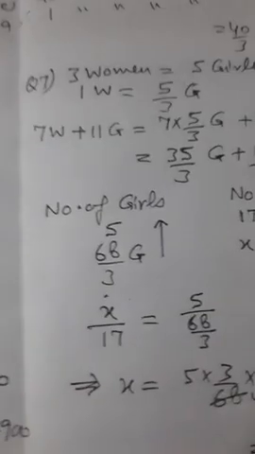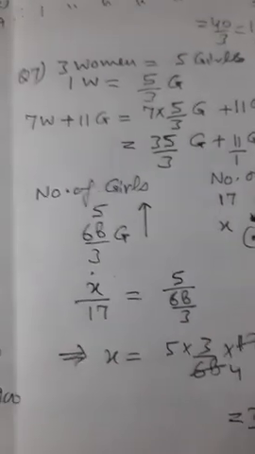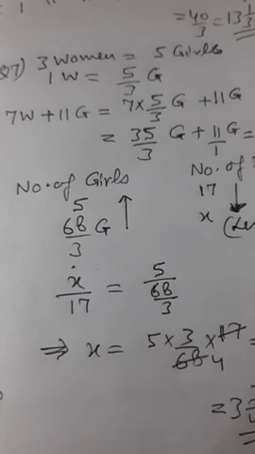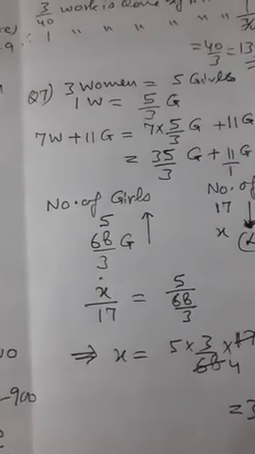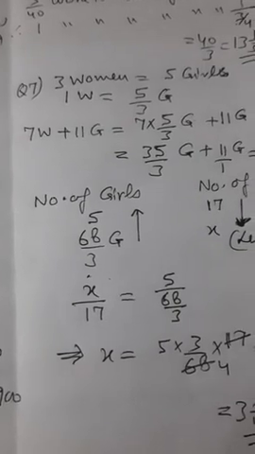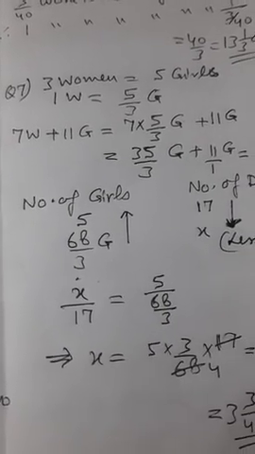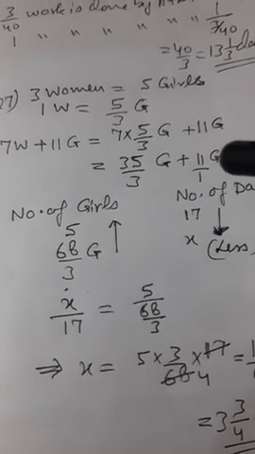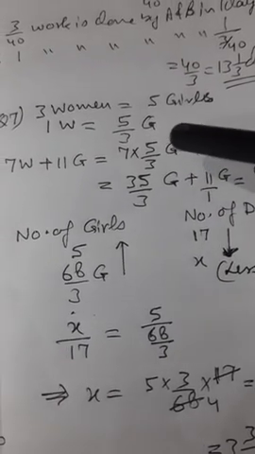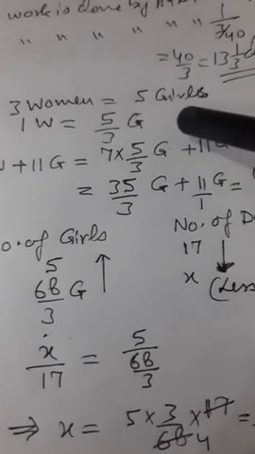Look at question number 7 now. Read the question and then look here. Question number 7 says 3 women are equal in capacity to 5 girls.